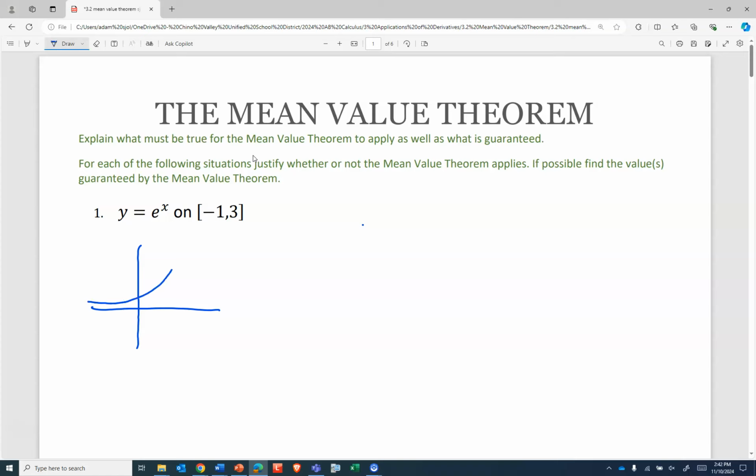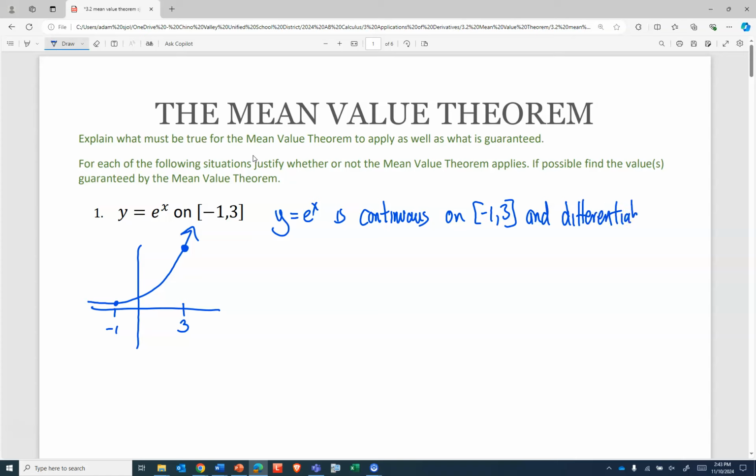You know, e to the x is continuous on any interval, including this one. So we'll start off with y equals e to the x is continuous on the closed interval -1 to 3 and is differentiable on that same open interval -1 to 3.